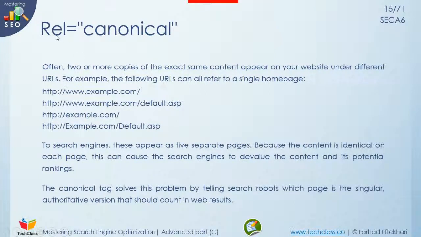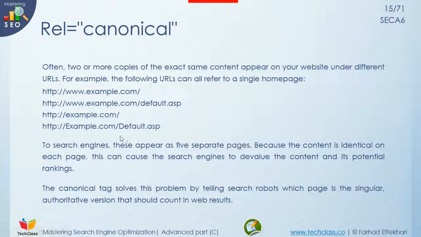So if you use this concept, then the search engines will make sure those contents are treated as the same. So it's not going to think that you have duplicate content on your page. It's good to use this concept to make sure that search engines understand that these are all a single page that they are browsing.